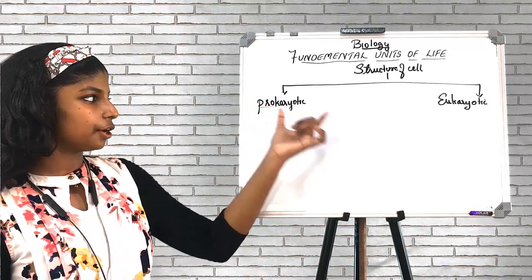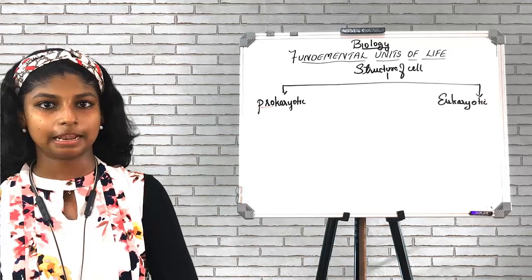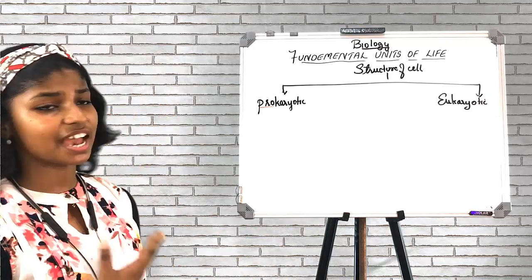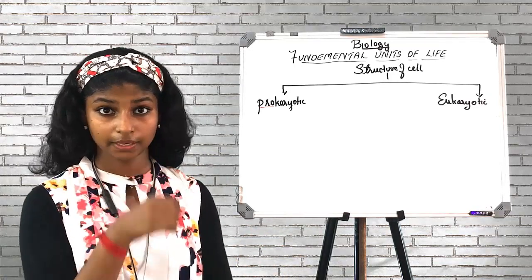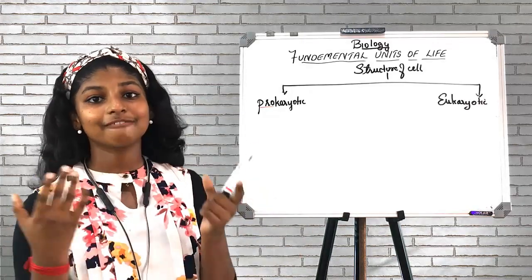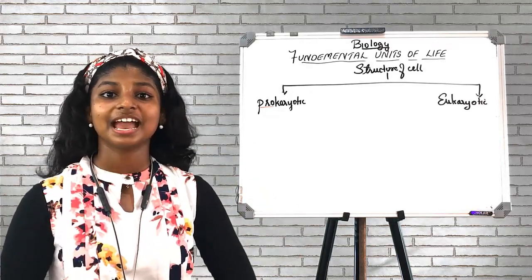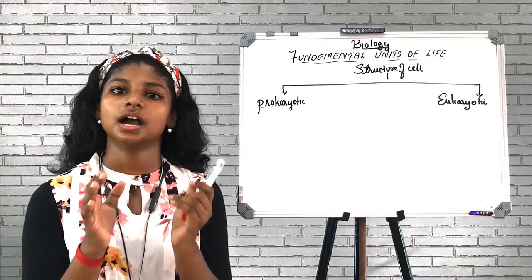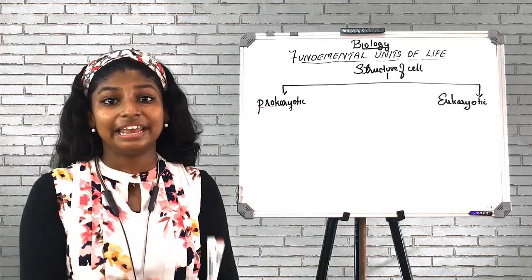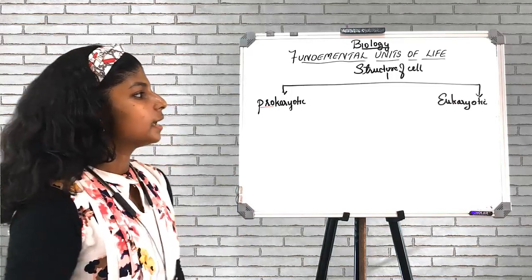Here prokaryotic cell means primitive cell. What is the speciality of prokaryotic cell? They don't have a definite nuclear membrane, and they do not have any definite nucleus.